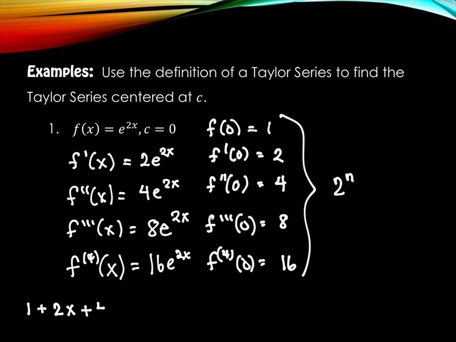And then I have 4, but the 4 is over 2 factorial, because now I'm at the squared part, so times x squared. And then I had 8 over 3 factorial, times x cubed. And then I had my 16, and I'm at the 4th derivative, so it's over 4 factorial, times x to the 4th. Again, the reason I'm not including a minus c here is simply because my c is 0. If my c were something else, I would include it, right?